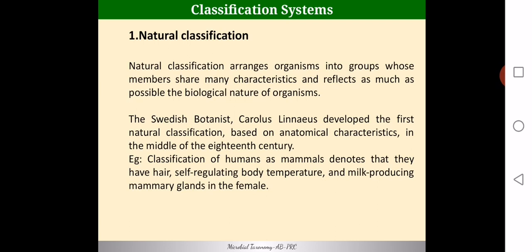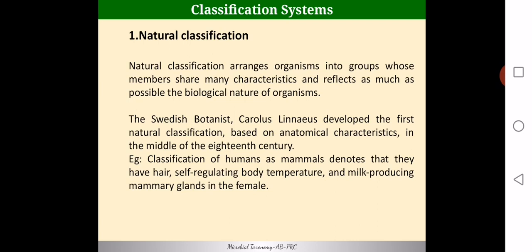This classification arranges organisms into groups, and the members share many characteristics and reflect as much as possible the biological nature of the organism, right? That means most of the observable and physical properties are similar in a particular group. This is what we call the natural system, or a kind of intuitive system.